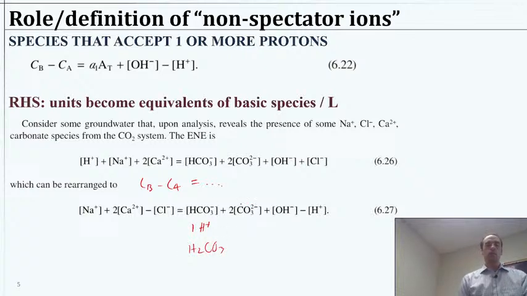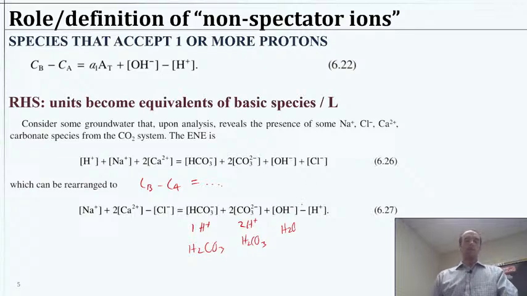And this CO3 2 minus could consume 2 protons to get to H2CO3. OH minus could consume a proton to get to H2O. And H plus can consume, we'll just say 1 H plus here. And 1 H plus would cancel out with a negative H plus, right?